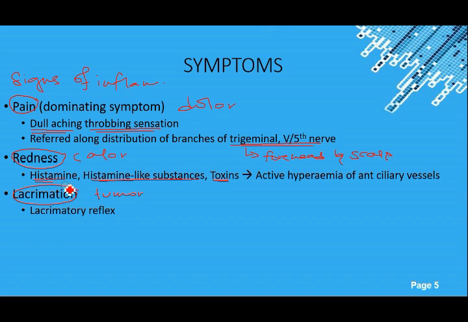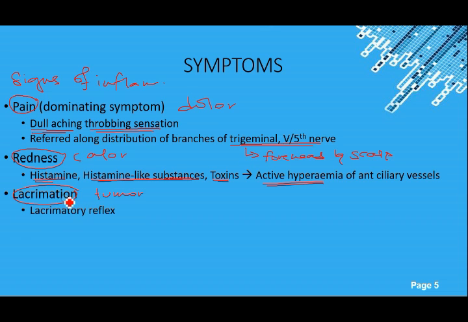They are released because there is obviously inflammation, and what they do is dilatation of vessels resulting in active hyperemia. That hyperemia gives the color of redness.